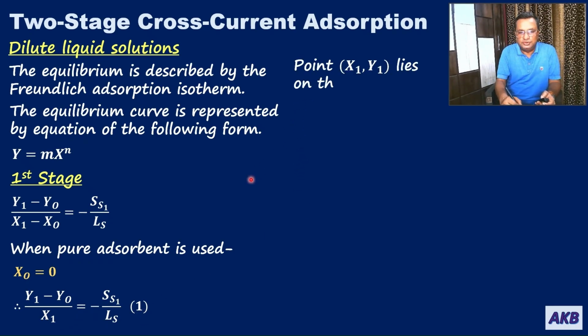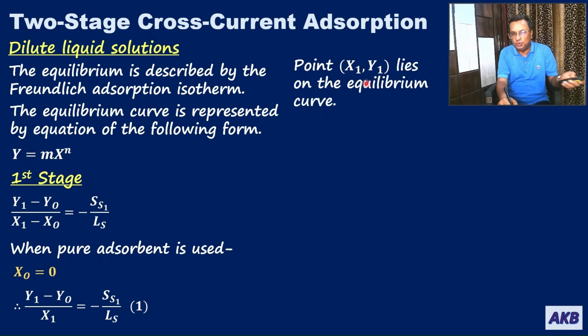Now, the point with coordinates X1, Y1, that is point Q on the diagram which I had just shown to you, lies on the equilibrium curve. Since it lies on the equilibrium curve, it should satisfy the equation of the equilibrium curve. What is that equation?